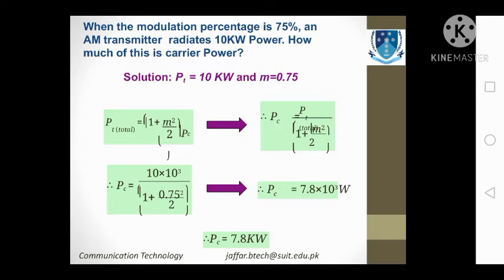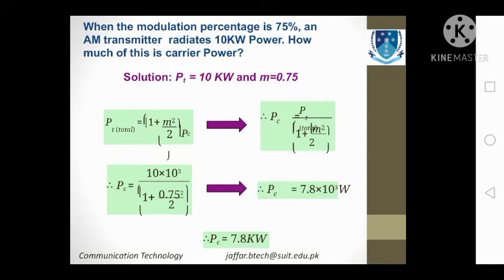This is the second example, in which it is asked that when the modulation percentage is 75, an AM transmitter radiates 10 kilowatt of power. How much of this is carrier power? So there is a communication system based upon the modulation percentage, or you can say the mu or the modulation index, that is about 75%.